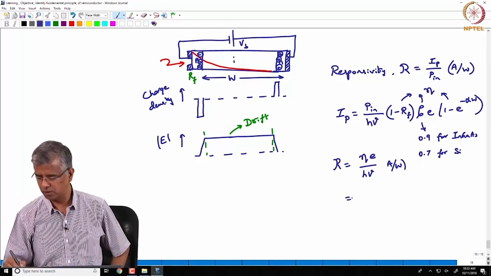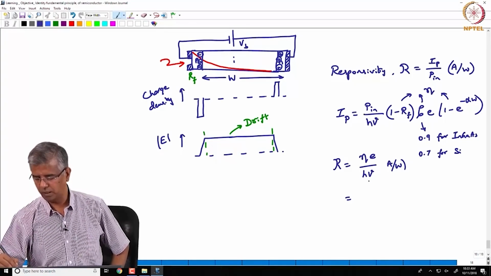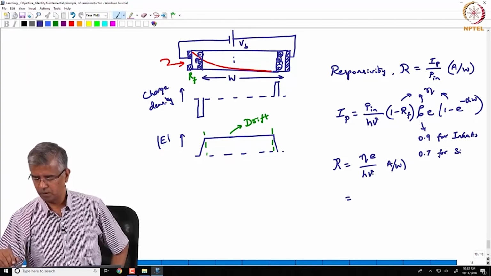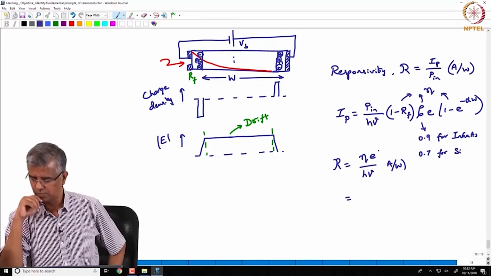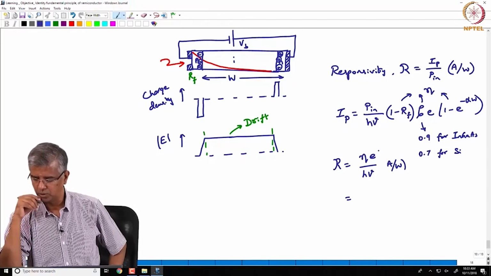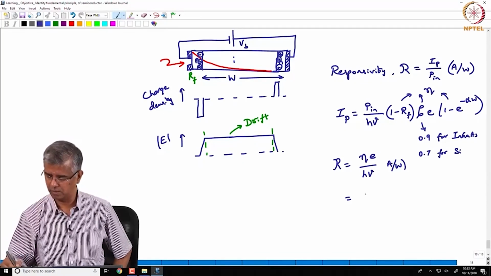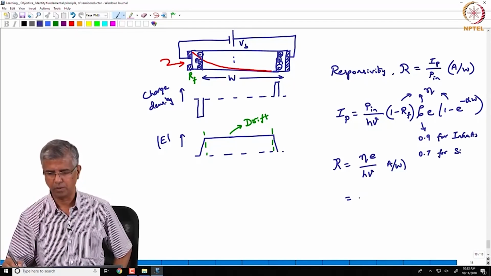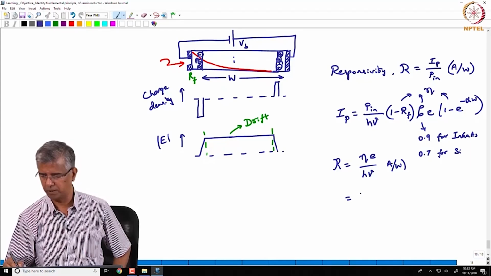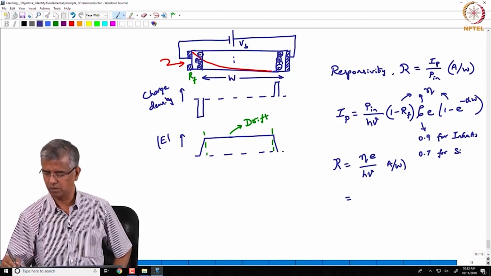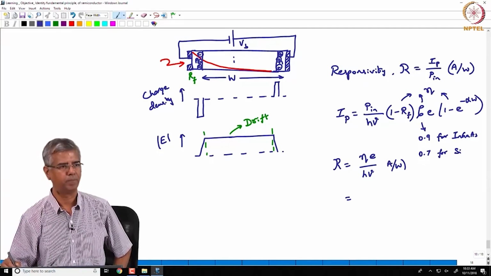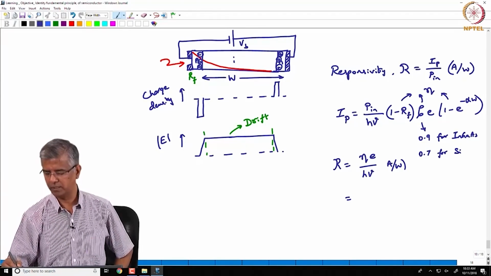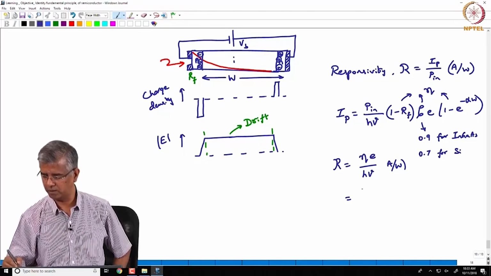And of course, H is a constant, E is a constant. So, if you work that out, what you will find is this is going to be given by some factor of 1.24. So, nu you can write as C over lambda, right. So, H, C and E are all constants.